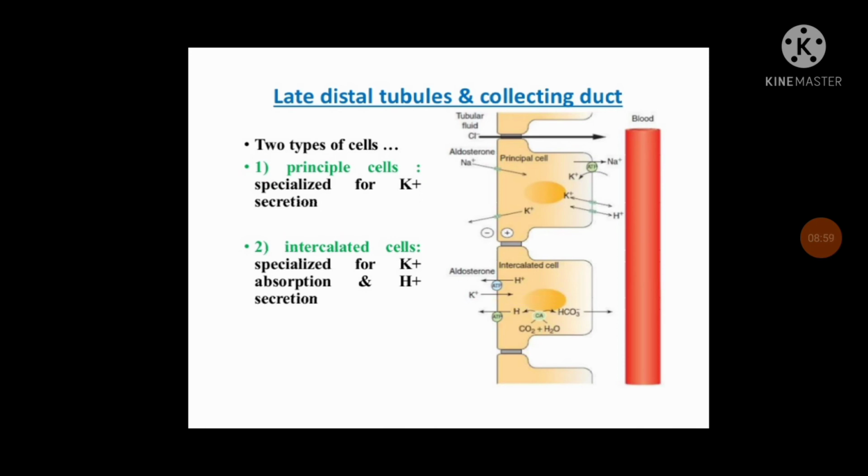So the principal cells help in the excretion of potassium, whereas intercalated cells help in the absorption of potassium. Both of these activities occur under the influence of aldosterone.